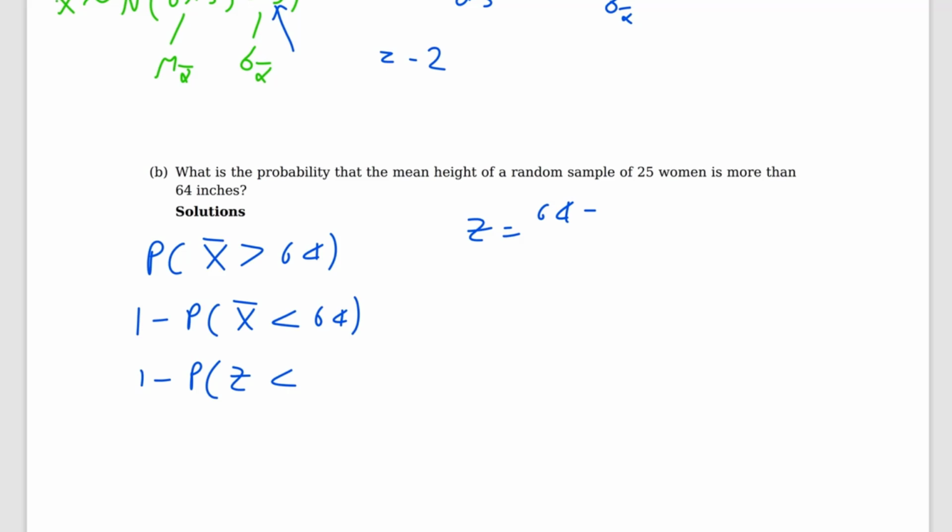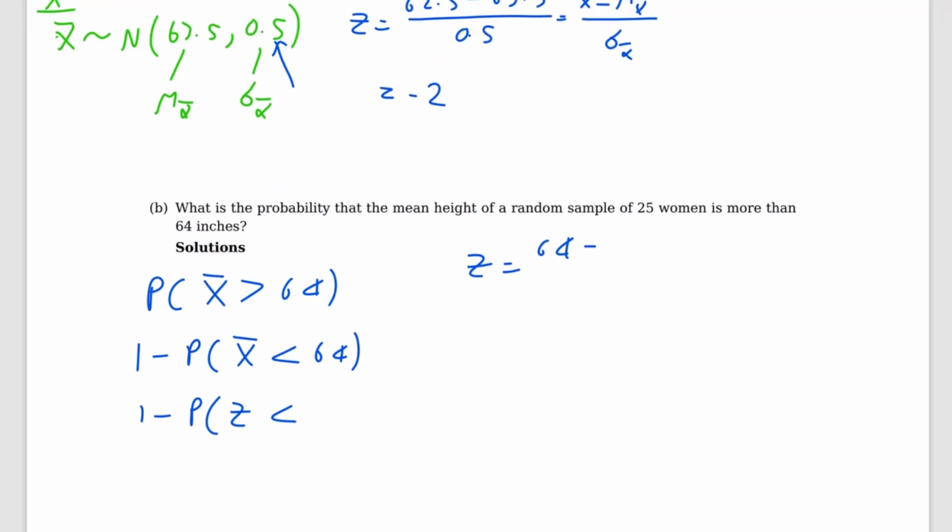Mu x bar. We know mu x bar here again is 63.5. 64 minus 63.5, that is 0.5, divided by sigma x bar, which is again 0.5, right? So this is 1.